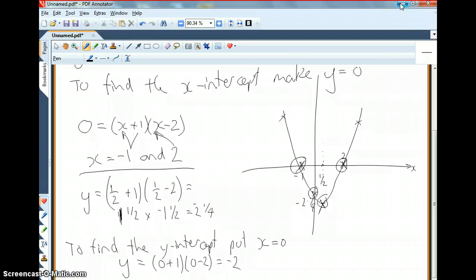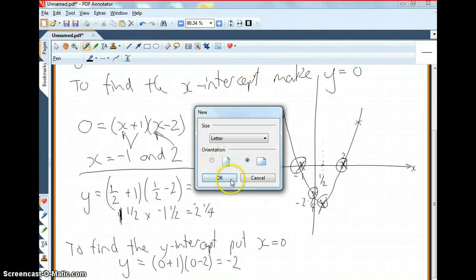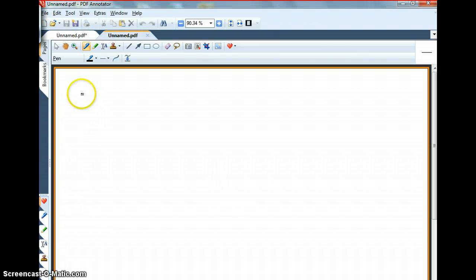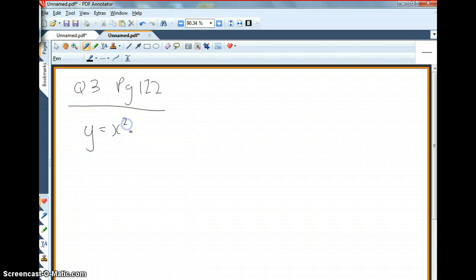If I'm looking on page 122 and look at question 3, for example, there is one step that I haven't shown you, but you know how to do, and that is to factorise first. So question 3, page 122. Looks like this. Draw this graph. Y equals x squared minus 3x minus 10. Okay, first step is to be able to do this.